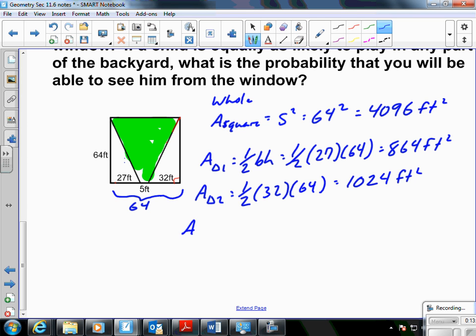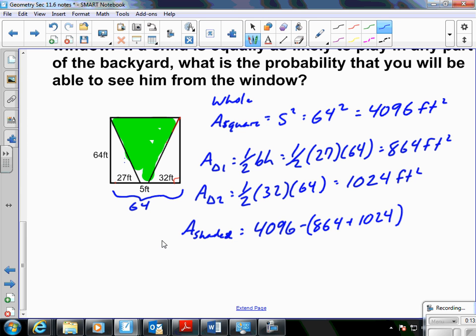So the area of the shaded is going to be equal to area of the whole backyard, 4,096, minus the parts that are not shaded, which is going to be 864 and 1,024.